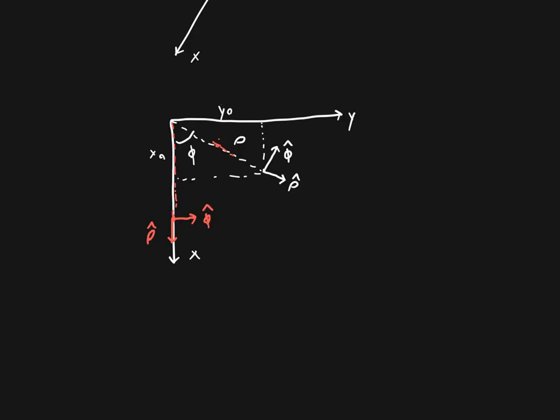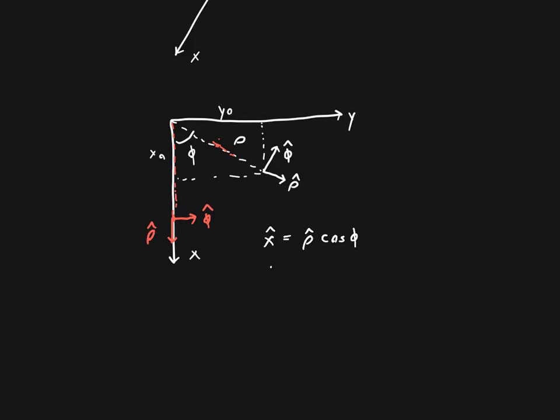So that's interesting. So we can immediately write that the x hat vector is equal to the rho hat vector, but only when the angle phi is equal to 0 degrees. And what function do we know that satisfies that? We know that cosine of phi does just that. So when phi is equal to 0 degrees, then the rho hat vector is the x hat vector.